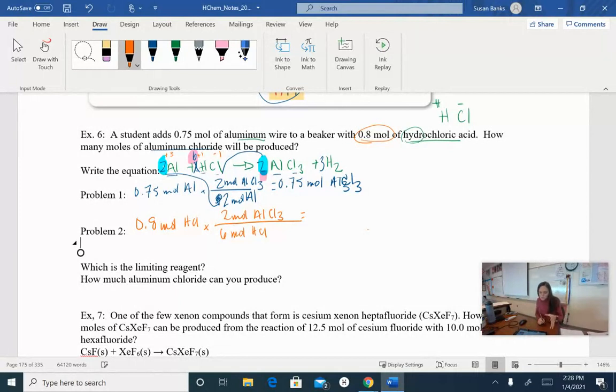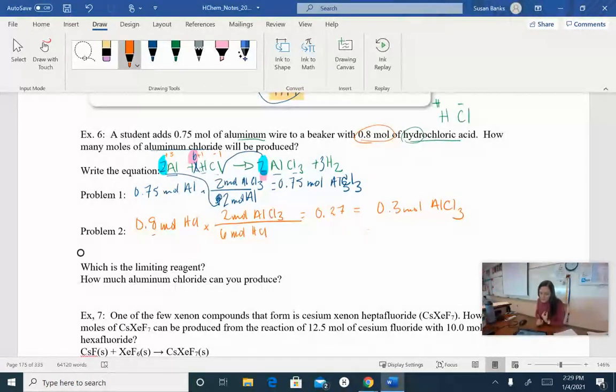Okay, so 0.8 divided by 6 times 2 is 1/3. So 0.8 divided by 3 will give me, my calculator will spit out this. I really only have 1 sig fig, so let's call that 0.3 moles of aluminum chloride.